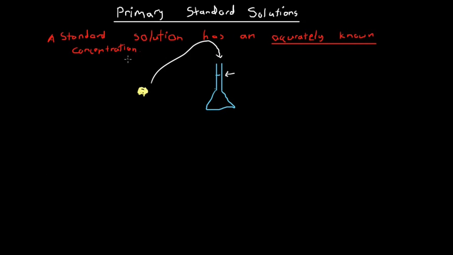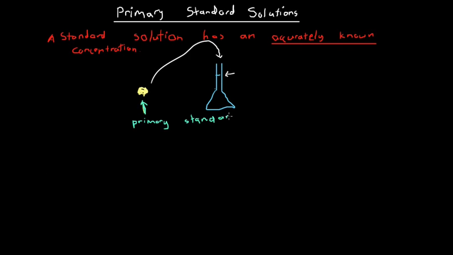But first, what I'm going to talk about is this substance here. There are very specific criteria for what we can use as this substance in order to create a primary standard solution. What we call this substance is a primary standard, interestingly enough. A primary standard is basically a substance that we can weigh and therefore know the number of mole of the substance that we have weighed to a very high degree of accuracy.